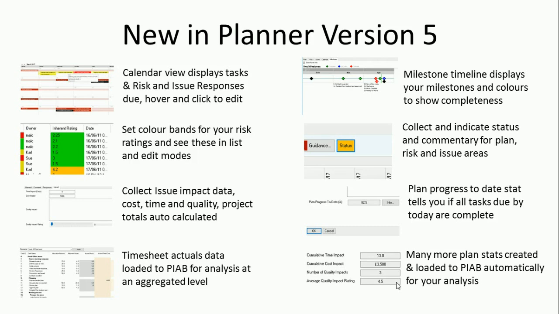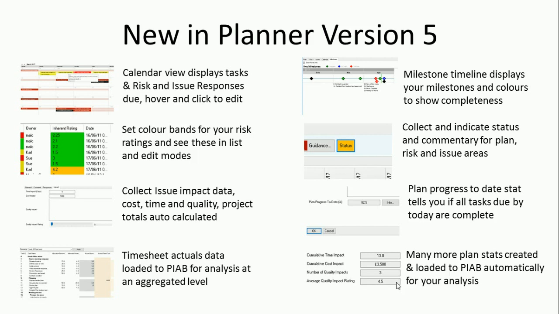We're also bringing many more stats from Planner. There are some I've mentioned: the status and commentaries, the issue related stats, total project level cost, time and quality impacts, etc. But we're also bringing back things like the number of tasks, the number of overdue tasks, the number of tasks not yet complete, the number of tasks on track, etc. So you can go away and tease out that sort of data, and you can of course roll that data up across your portfolios in the main application as well.